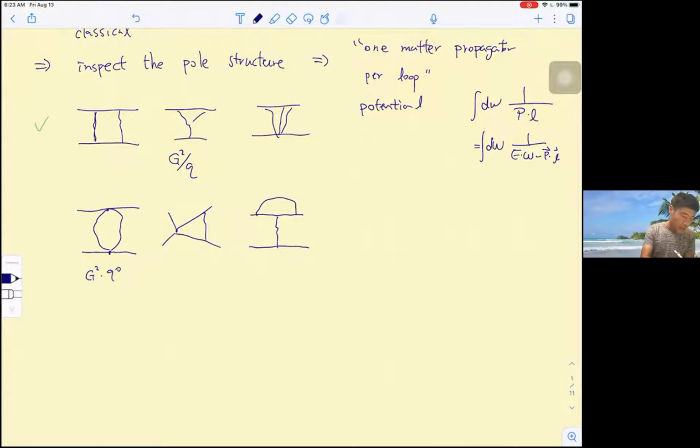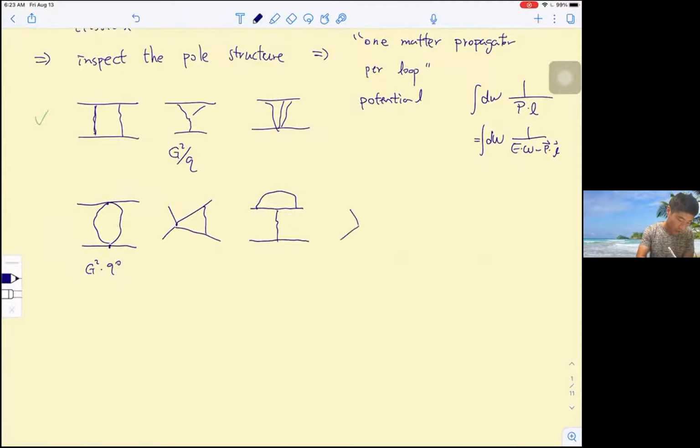And you can also try to make this quantum-looking diagram classical in the soft Q counting by adding more iteration. For example, this diagram. For two loops, we have this as G squared Q to the 0, and this one actually has the same counting.